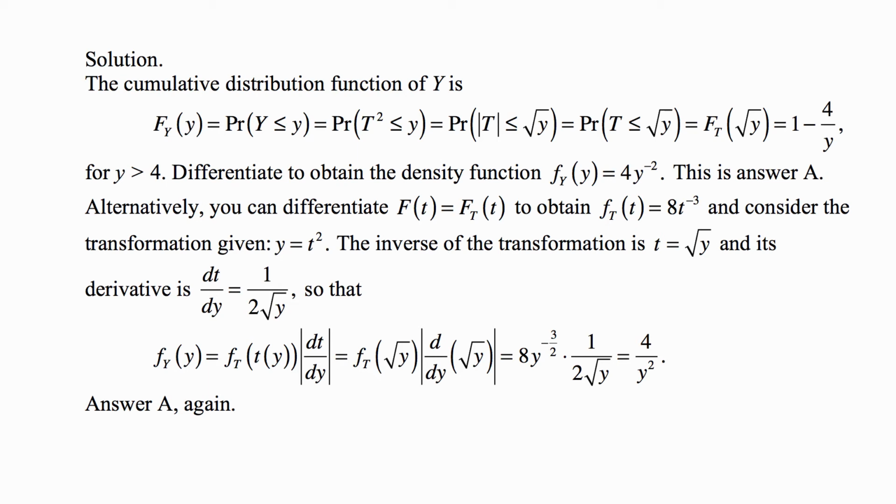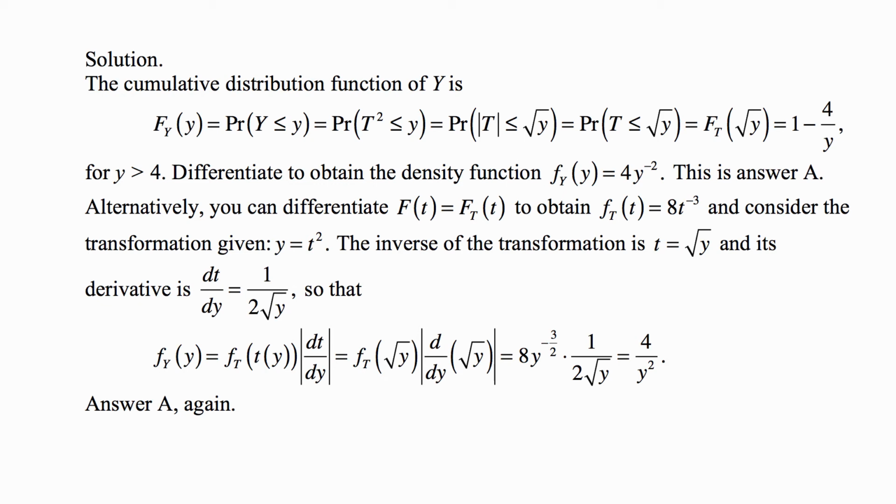So for positive t and y, the square root of y is the inverse of Y equals t squared, because we only work with positive values. And the quadratic function t squared is 1-to-1 for t greater than or equal to 0. In fact, t is greater than 2, actually.